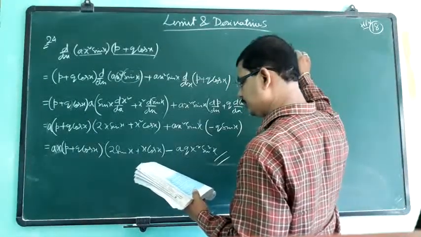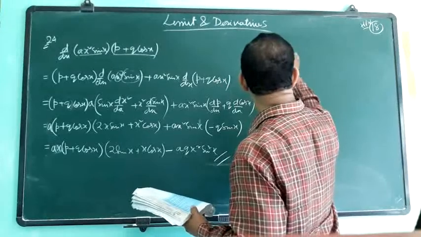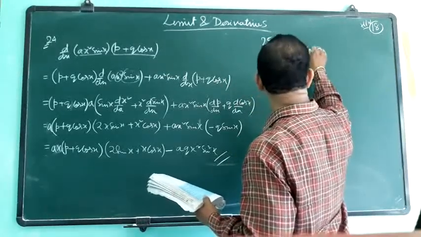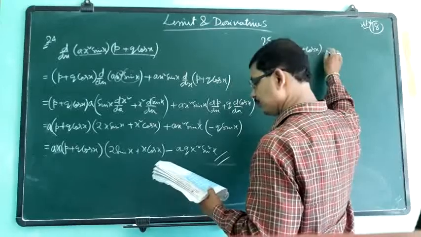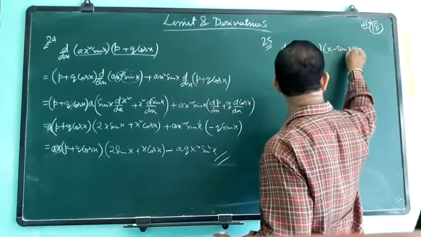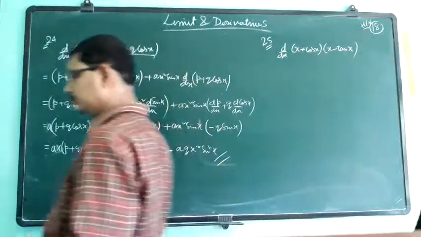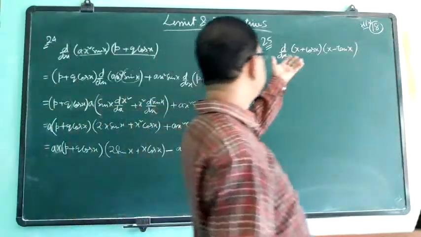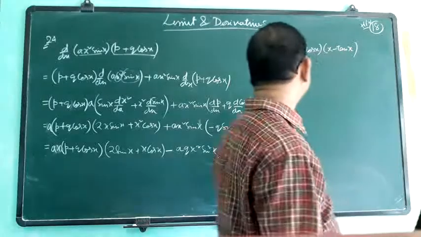25, it is d dx of x plus cos x and x minus tan x. So here also, given in u v form, we have to do it.